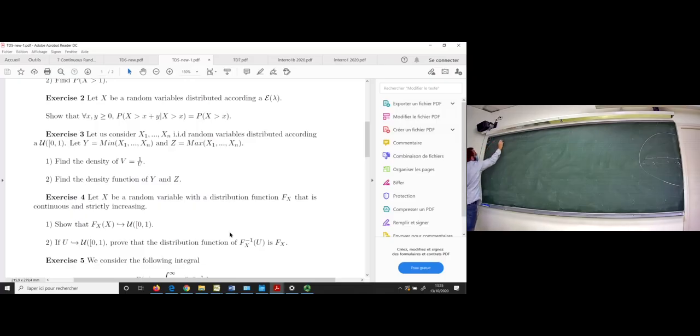Exercise 3 of list 5. I have x1, ..., xn that are independent uniform on the interval 0, 1. First question, I am interested in V equal to 1 over x1.